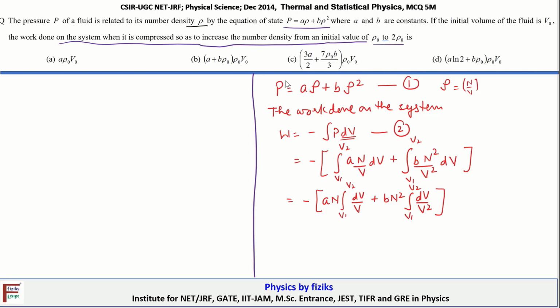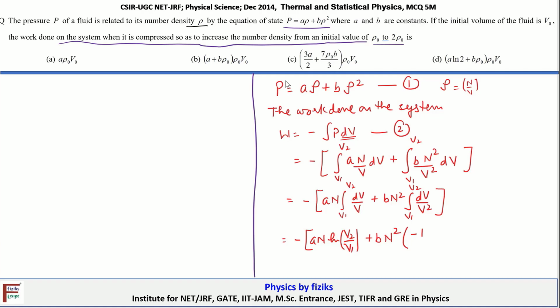So this is equal to minus A n ln V2 upon V1 plus B n square, and inside the bracket it's minus 1 by V, and then we will apply the limits of integration.